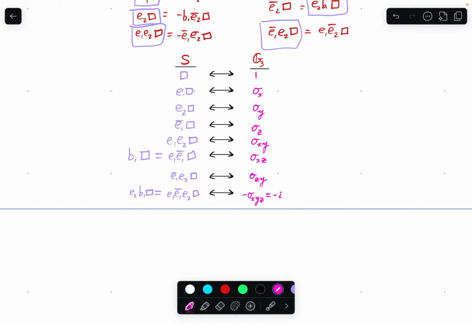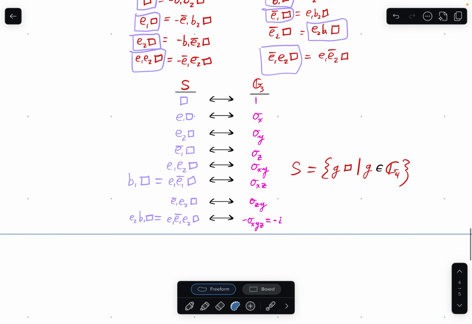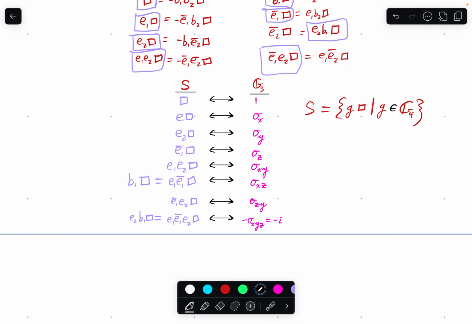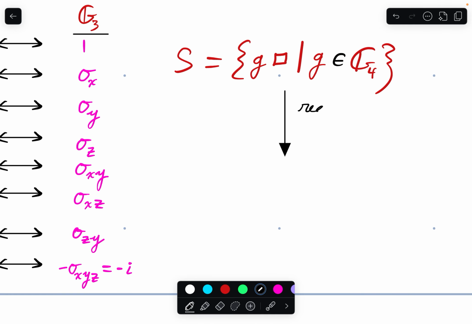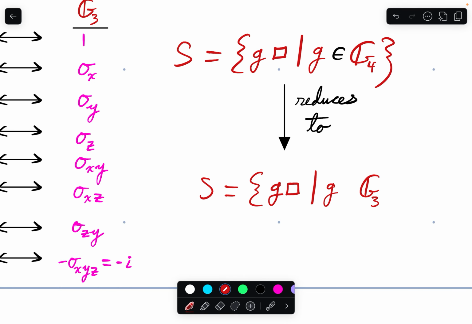And so we can take this spinor space, which reduces to S. It's still G times box, but now we can say that G is in the algebra of physical space.